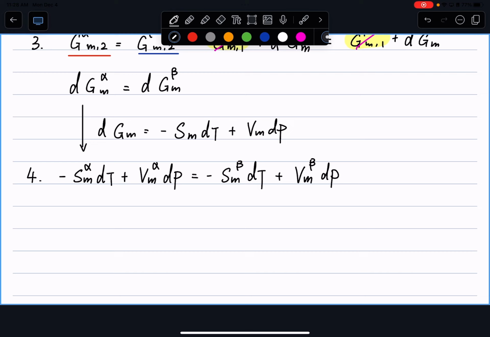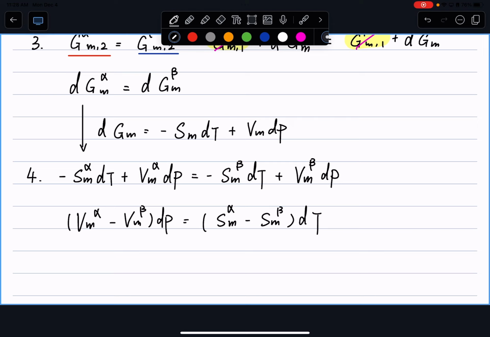So we can move the terms a little bit so that volume stays with volume and entropy stays with entropy. So we have Vm alpha minus Vm beta, times dP, equals molar entropy alpha minus molar entropy beta, times dT. This is just moving terms. Remember, what we want to derive is dP over dT, or how your pressure changes with respect to temperature on your one component phase diagram.